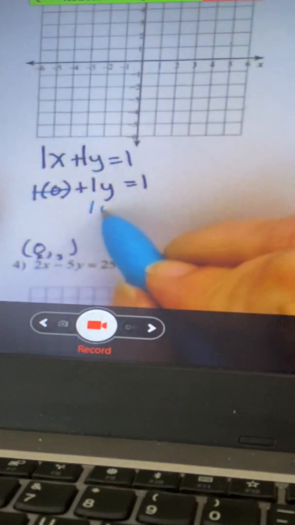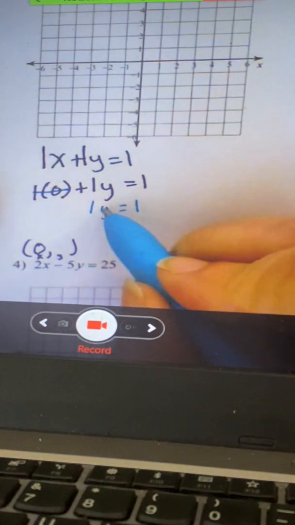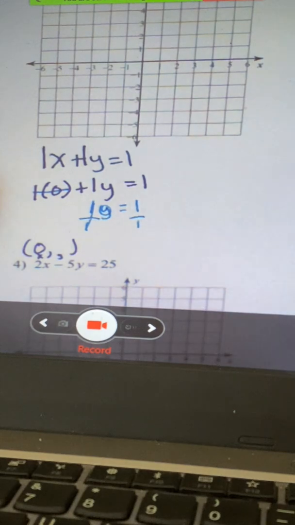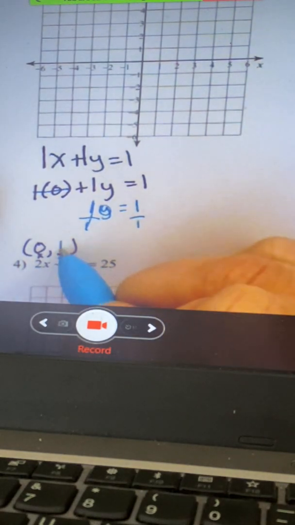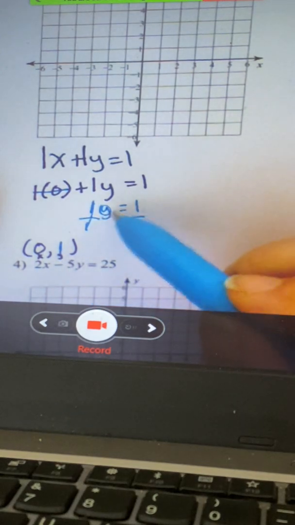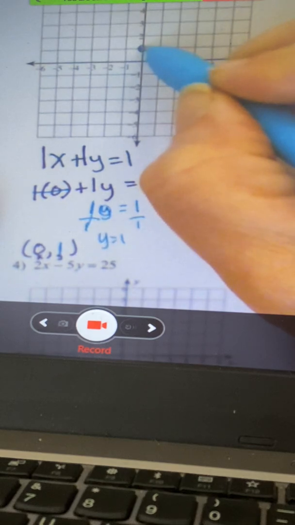So I have 1y equals 1. I'm going to solve for y, which means divide by 1 to both sides. What's 1 divided by 1? It's just 1. So go sideways 0, up 1, or y equals 1. So you go to the y, 1, and put a dot.